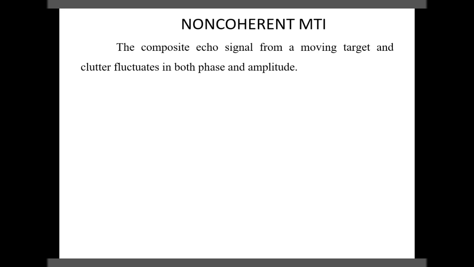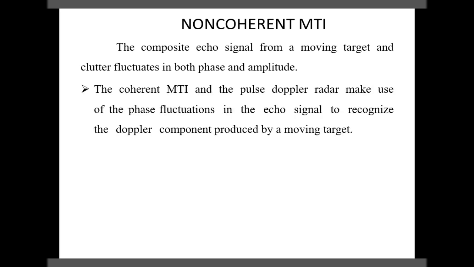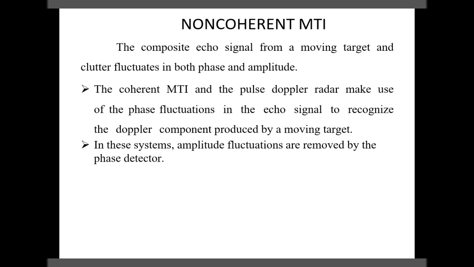The composite echo signal from the moving target and the clutter fluctuates in both phase and amplitude. So whatever echo signal we get from the moving target will have variations in both phase and amplitude.